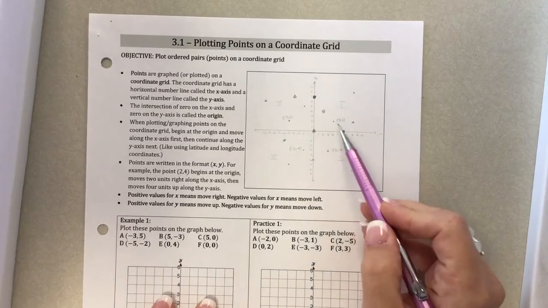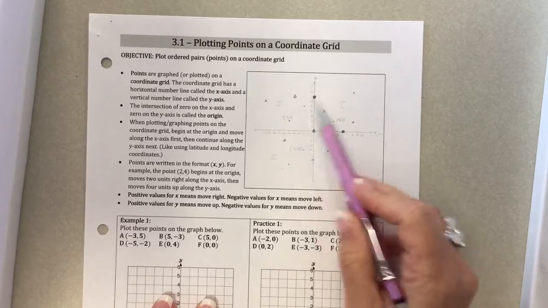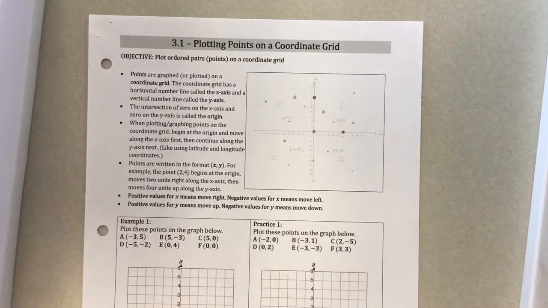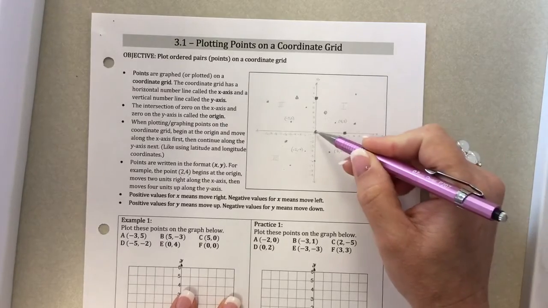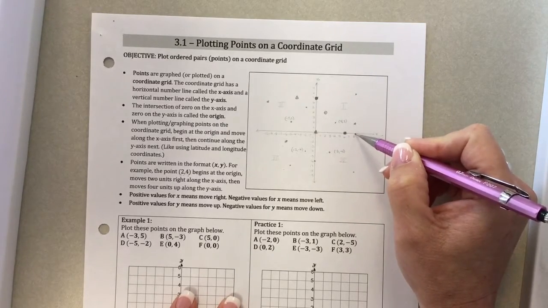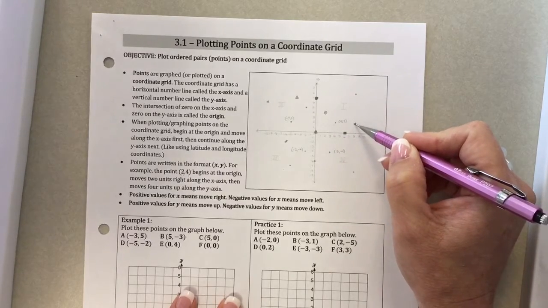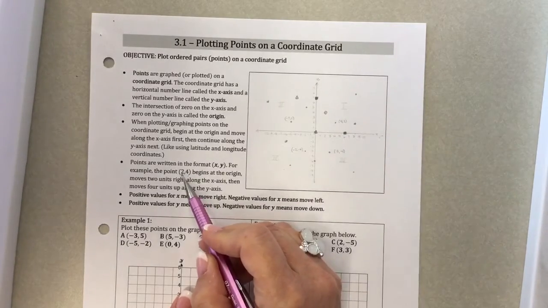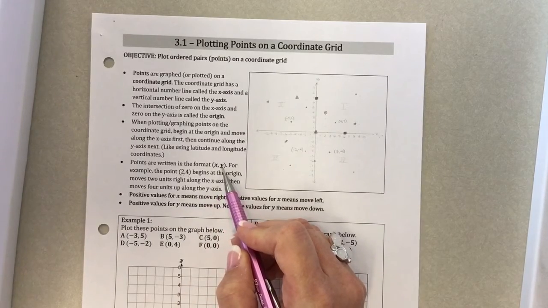You want to find these points on this coordinate grid so that if there was a person who couldn't see your graph, you could tell them directly where your point was, and they would know exactly how to get there. For example, if you wanted them to get to this star, you would tell them (8, 2). And so you'd be going 8 to the right and 2 up, because 8 is the first, x, left-right, and then 2 is up-down.